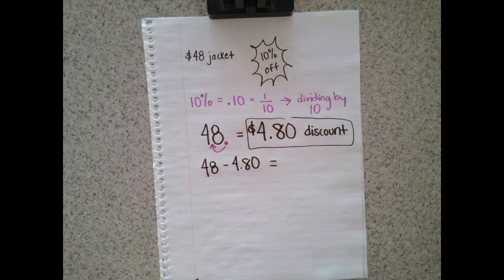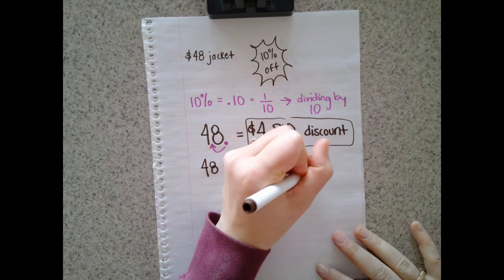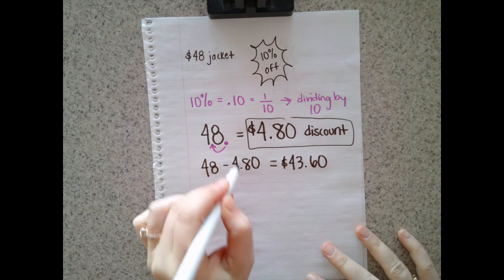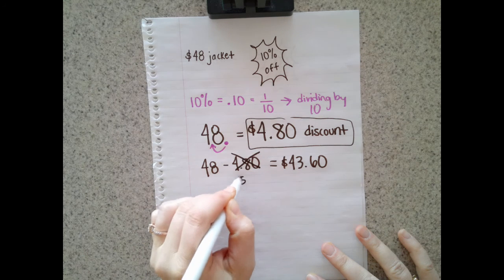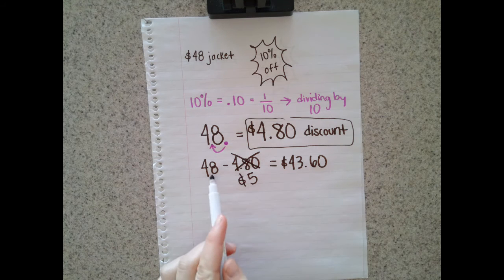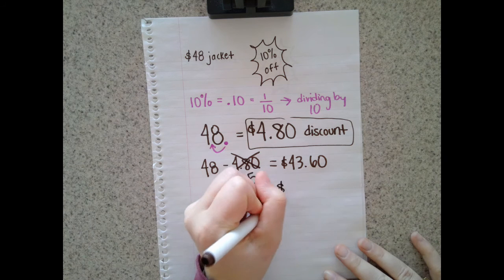Okay, so a little mental math is about $43.20. If you're not comfortable doing this in your head, you could always round $4.80. I would just round that to $5. Okay, it's pretty close to $5, and this math might be a little bit easier to do in your head. $48 minus $5 would be $43.